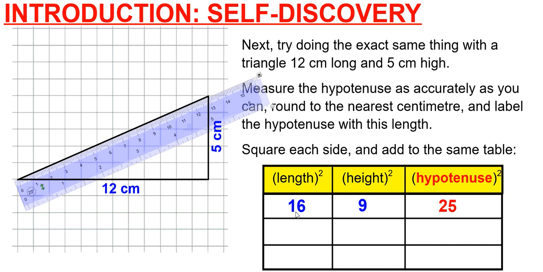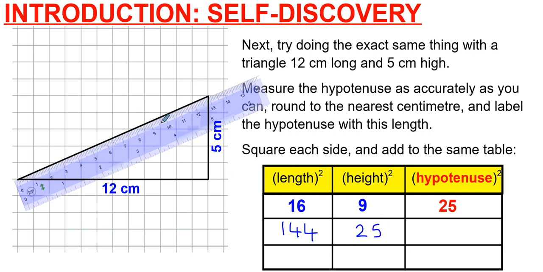What we need to fill in is again this table. The length of it squared is 12 squared. So what's 12 times 12? If you can, try that without your calculator. But you should find that 12 squared is 144. For height, squared, 5 times 5 is 25.